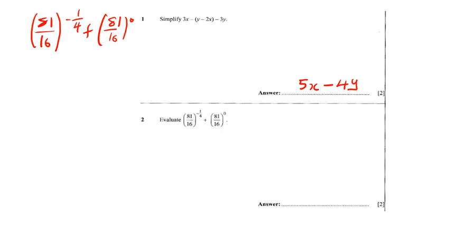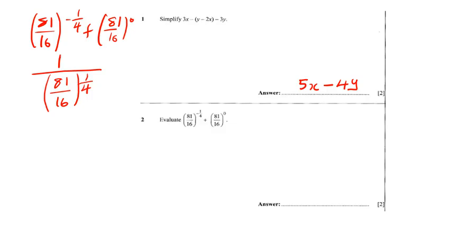If you have the inverse of something, it will be 1 over. This 1 over that we have introduced is the other form of writing this negative, and whatever you are going to remain with will be 81 over 16 to the power 1 over 4. And then from this point you are going to proceed to do your calculations.